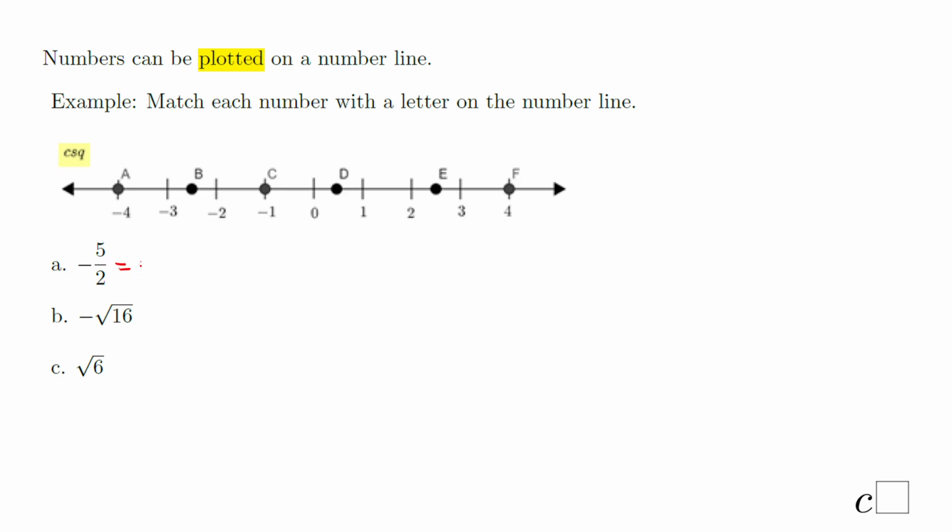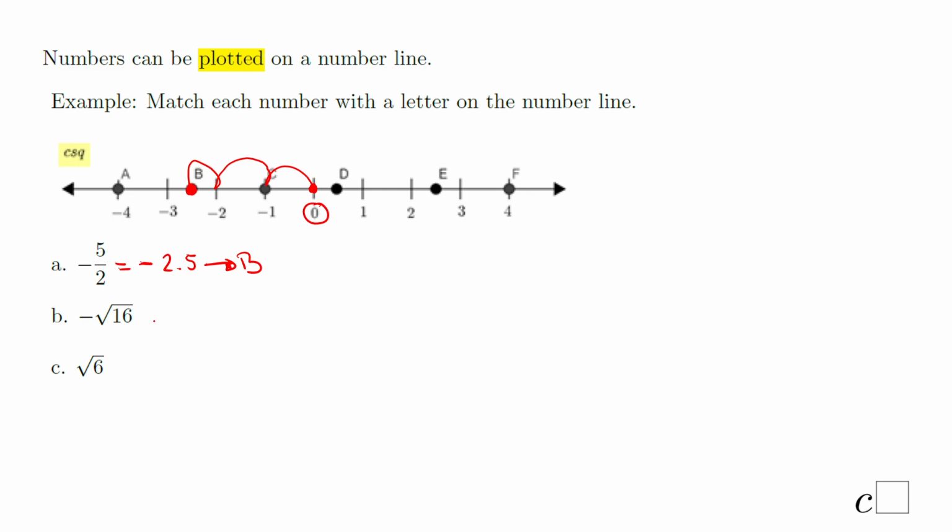I will use here a decimal form. 5 divided by 2 is 2.5, so I'm going to have -2.5, which means from this 0, I'm going to go 2 units left, 1, 2.5. So that tells us this point B is the point that represents -2.5.